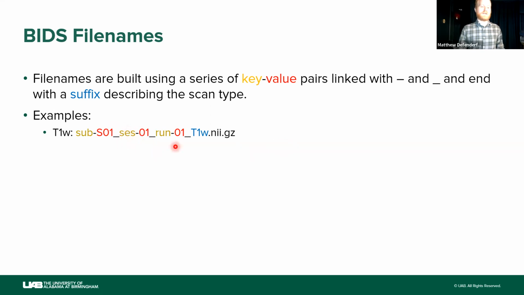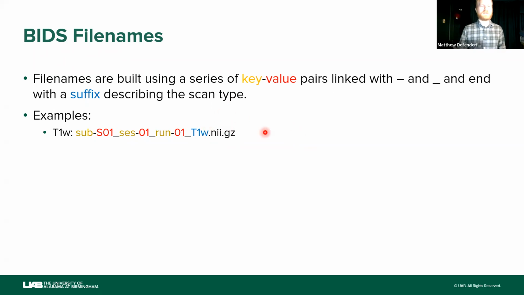So you have the session key and the value being the first session, 01. You have that then linked to another key value pair for run. If you're taking more than one T1 weighted image in a specific session, then you would include this run key, and any subsequent T1 that comes after that would have run 02, run 03, so on and so forth. And then it ends in the suffix telling you exactly what type of data that it is.